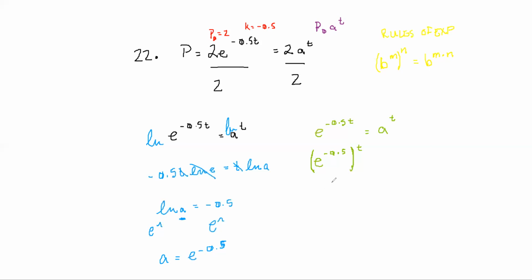And so we can write it like that. And then we're just going to keep this as a to the t. Because it's a number raised to the power of another number, there are no variables involved in this right here, it is just going to be a number, and that's what we're looking for, a. So this number to the t is equal to this number to the t, so a has to be equal to e to the negative 0.5.